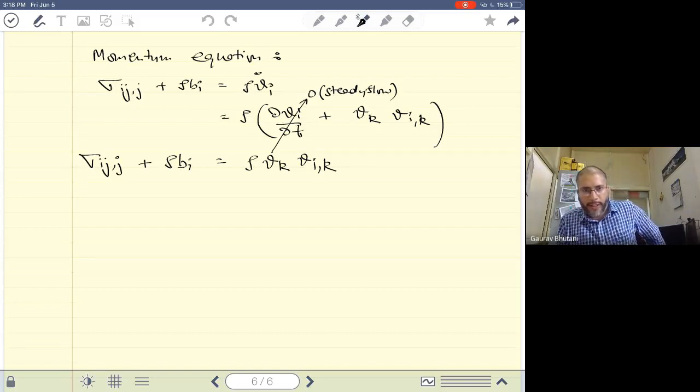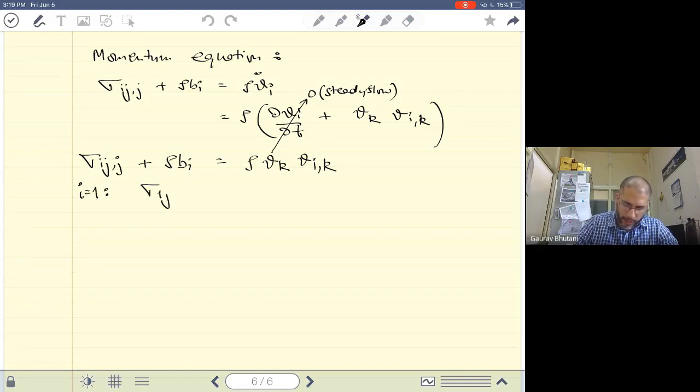Now what we can see here is that it has one free index, that is i. That makes sense because the momentum equation is for the momentum balance, which has three components. It's a vector, so we have three equations here. So we have the component which is i equal to 1. Let's apply that. So we get sigma 1j comma j plus rho b1 equals rho vk v1 comma k. All right.